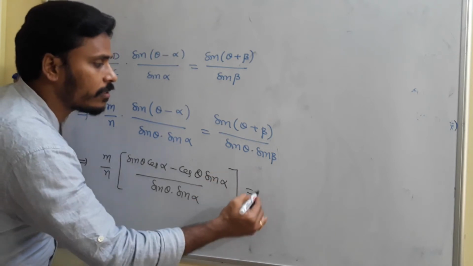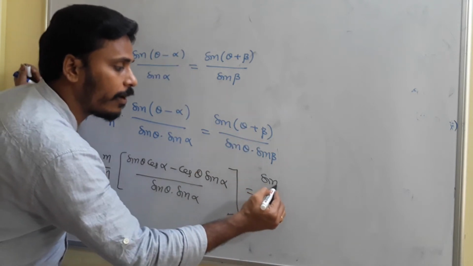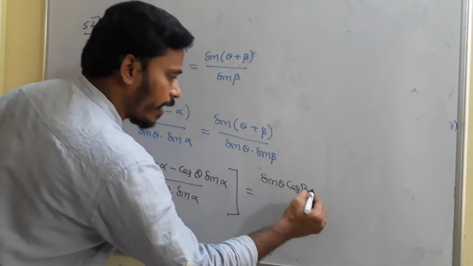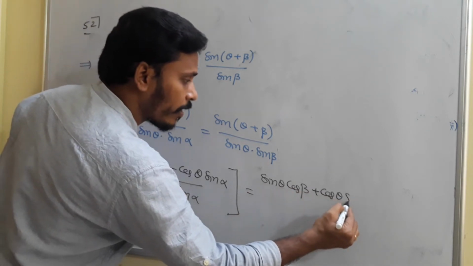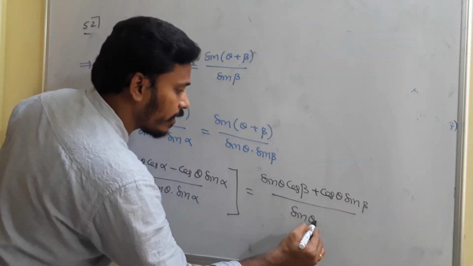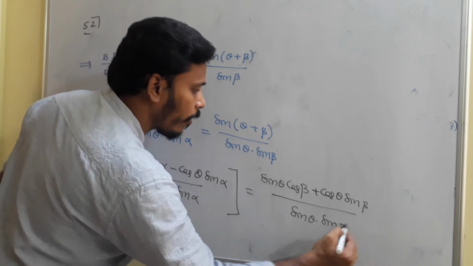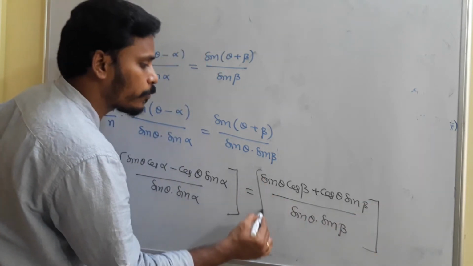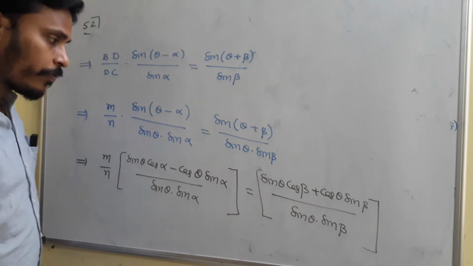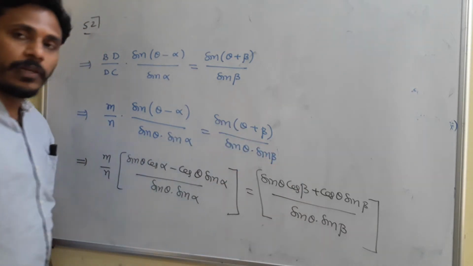Okay. This is equal to sine of theta plus beta, which is sine theta cos beta plus cos theta sine beta divided by sine theta into sine beta. Okay, this procedure also helps you in solving many problems, and that's why we need to learn all these things. Okay, right. So the sine of A plus B formula, that's it.